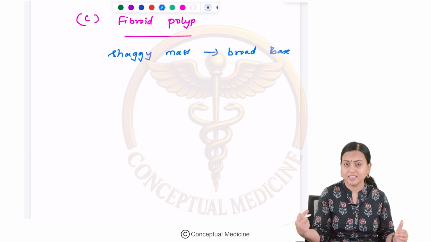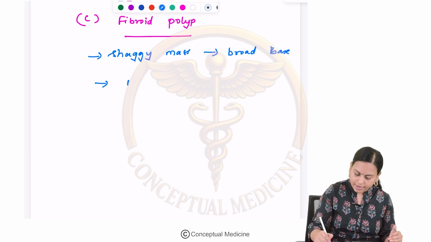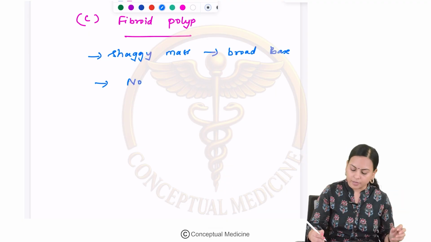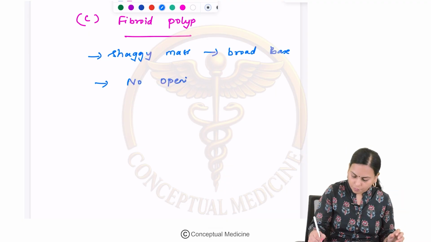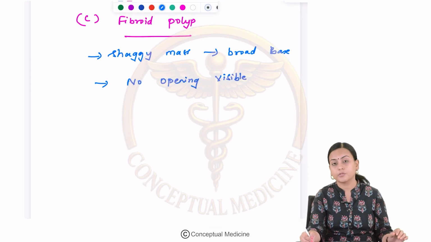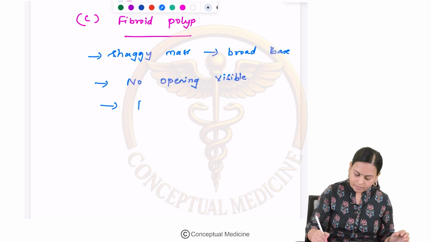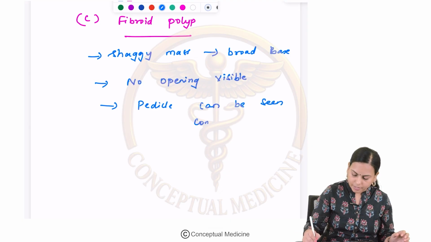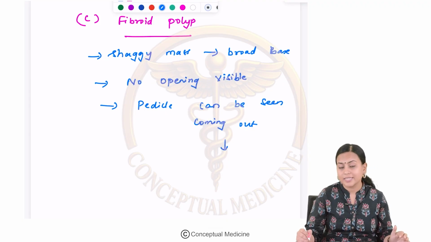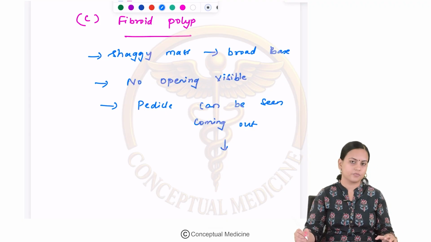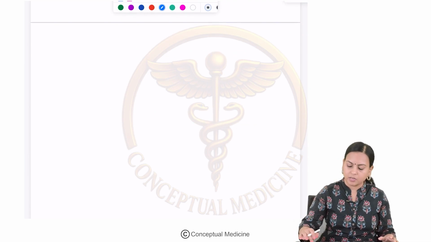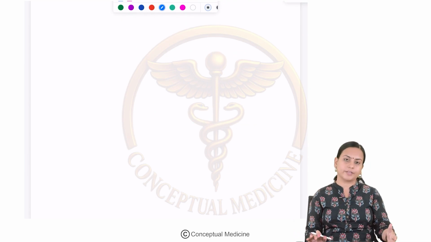Okay, that will be acting as a leading point. Okay. And when there is a fibroid polyp, there will be no opening visible. Okay, but in case of prolapse, yes, you will be able to see the cervical opening. And then sometimes, yeah, the pedicle can be seen coming out through the cervical canal that is arising from the cervix. Clear? Right. Now, these are the differential diagnosis of pelvic organ prolapse.